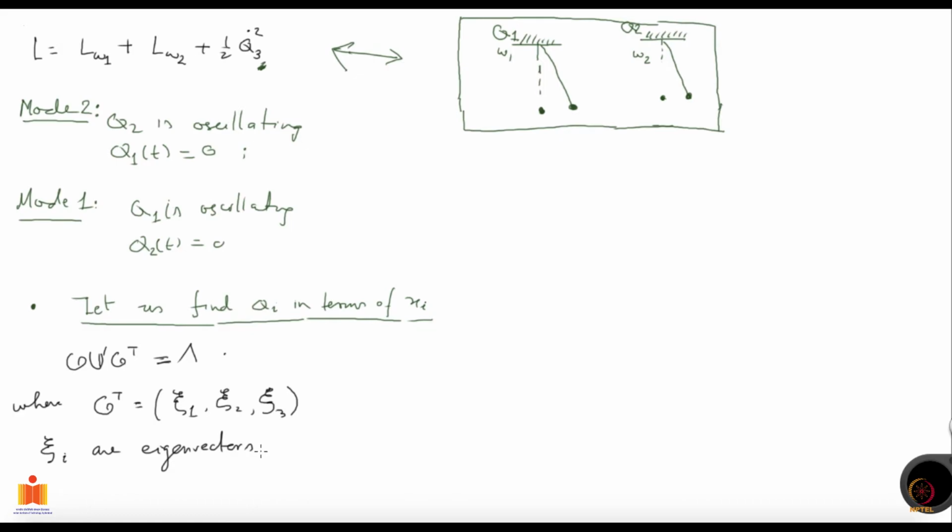Also remember that the xi i's should be normalized. I hope you understand why. When you solve the eigenvalue equation, you get eigenvectors, but any multiple of the eigenvector is also an eigenvector with the same eigenvalue, right?